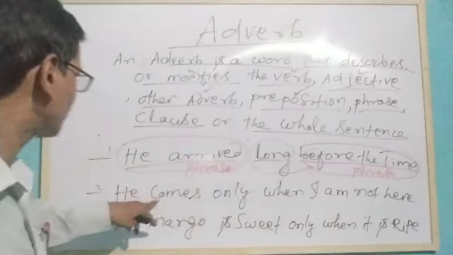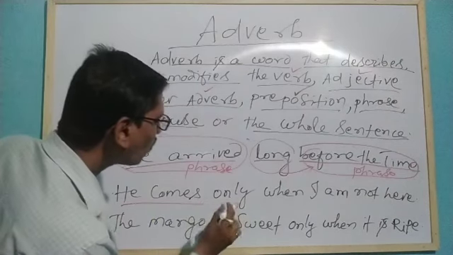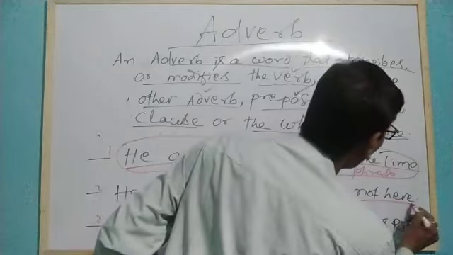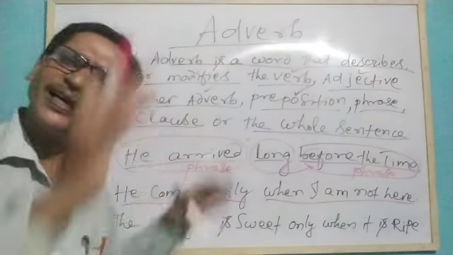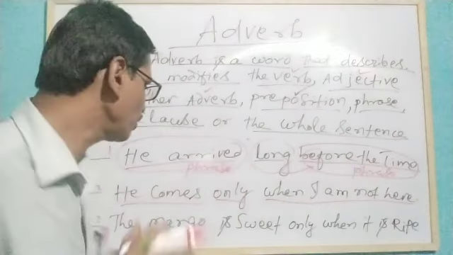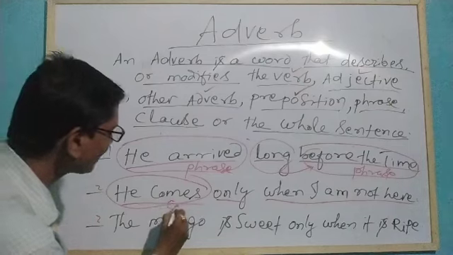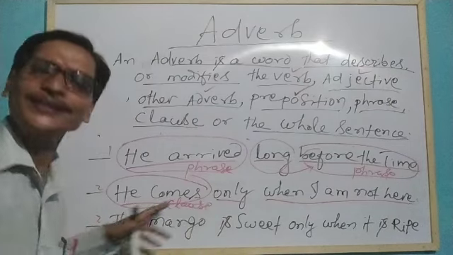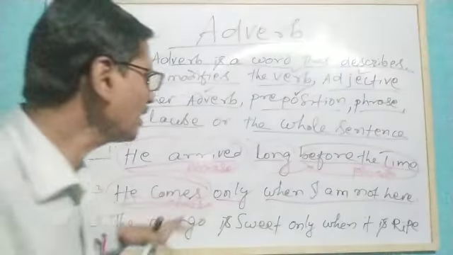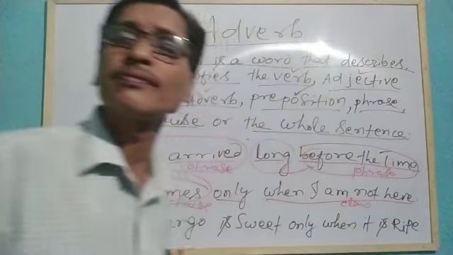So next you see, he comes only when I am not here. Here he comes is a clause. Similarly, when I am not here is another clause.